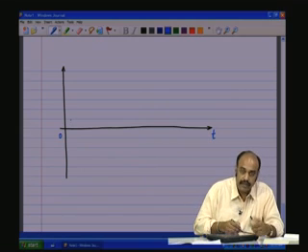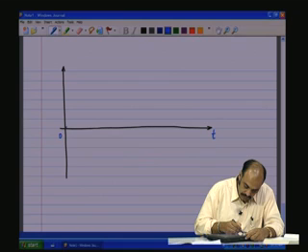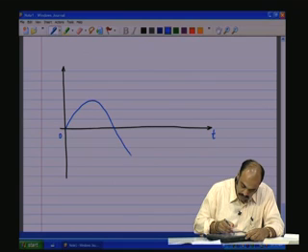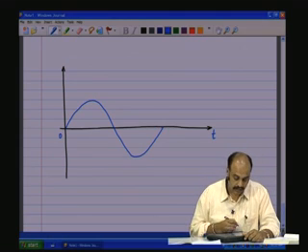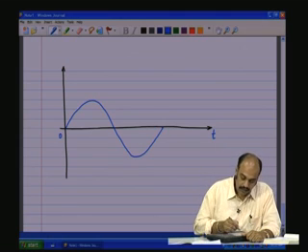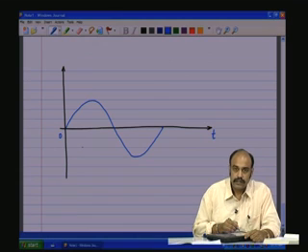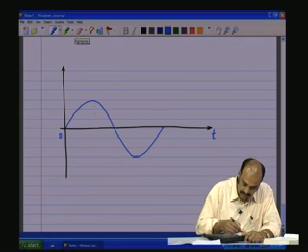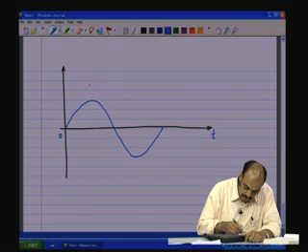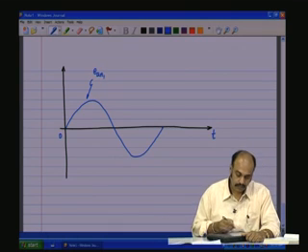Now, EA is the reference, so let it start from 0 like that, the sinusoid, and then reaches 1 full cycle. Now, the EB is displaced 120 degrees, it is lagging EA by 120 degrees. So, this was EAN.